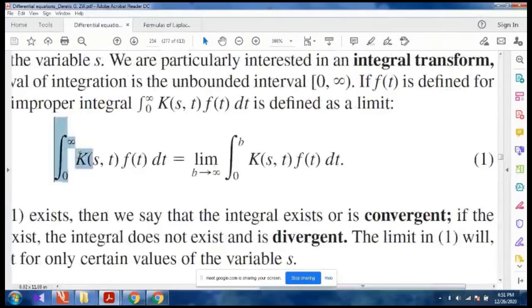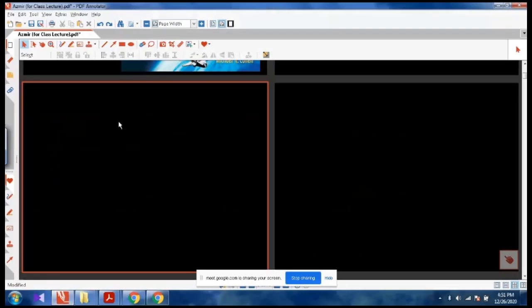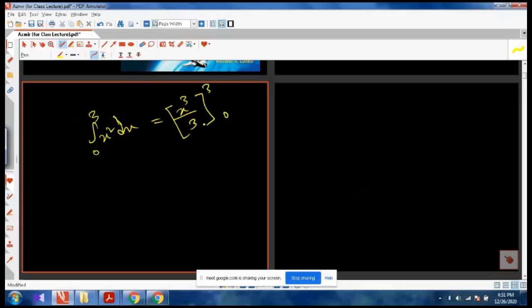Let's say we have the integration of x squared dx, integration from 0 to 3. The antiderivative will be x cubed over 3. If we apply the fundamental theorem of calculus, we apply the upper limit minus 0 cubed by 3.